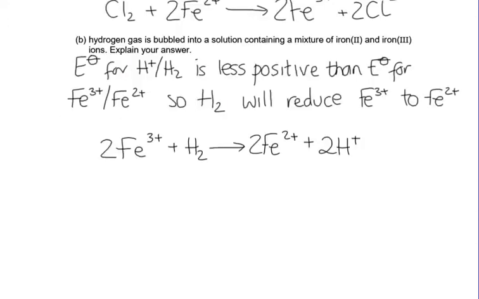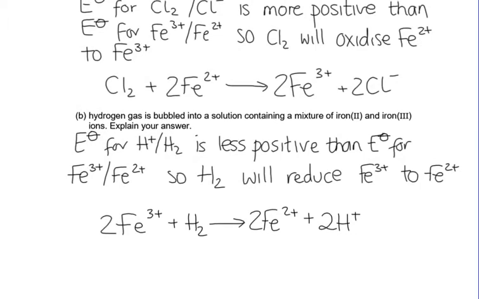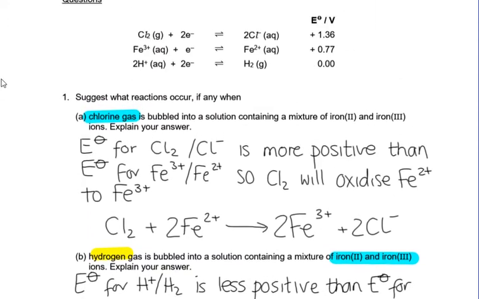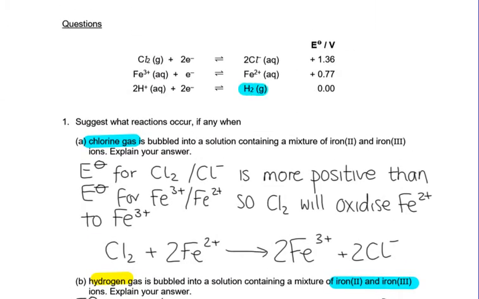So if we look at this second example, hydrogen gas is bubbled into a mixture of iron 2 and iron 3. So let's go back up. Hydrogen gas is here. Let's just correct that. So hydrogen gas is here, and our iron 2 and iron 3 are here. Remember that the most positive one gets to go the way it's written as reduction.